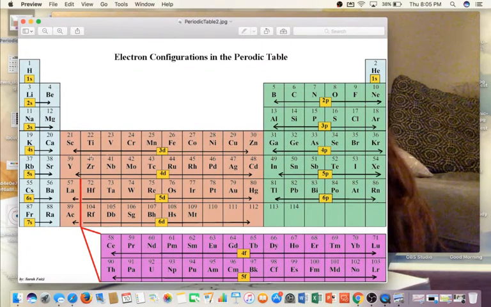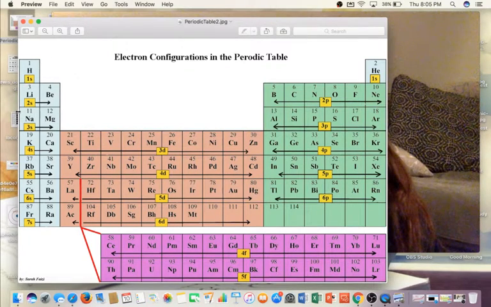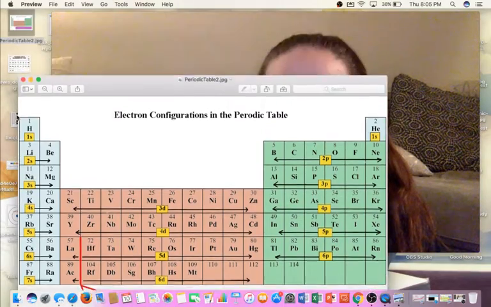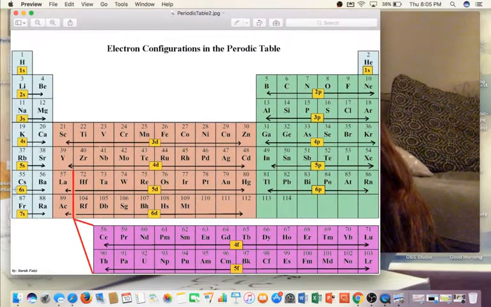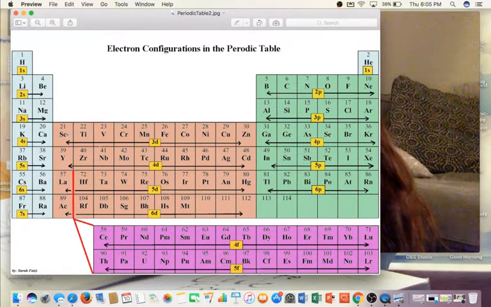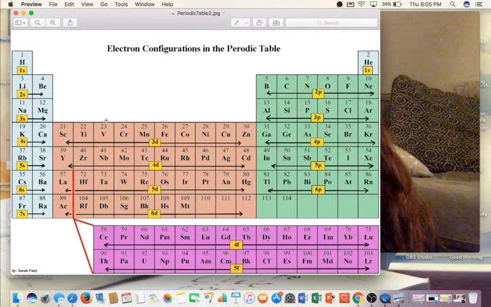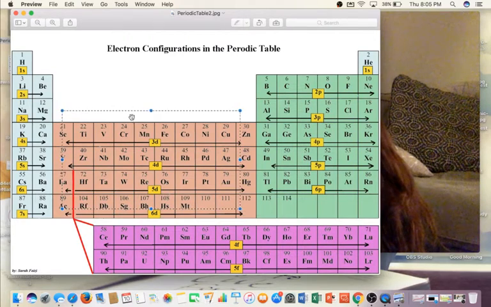Now, this is not a direct test question, but there are questions similar to that, where you would need to be able to identify, based on your electron configuration, that the first 2 groups are your S blocks. Then groups 3 through 12, right here in the middle, are your D blocks. So 3D, 4D, 5D, 6D.